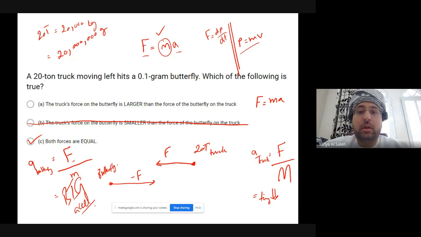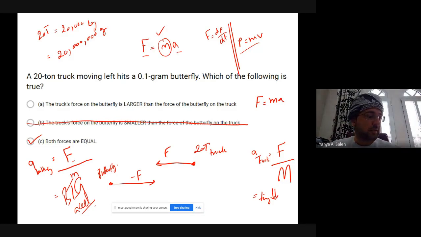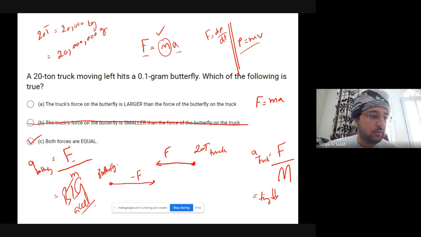Now, how much will the velocity of the truck change because of this collision? Can you help me with this? Will the velocity of the truck change at all, or even a tiny bit? Anyone? Okay, 0.1.